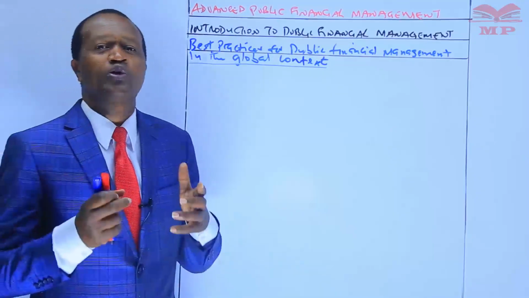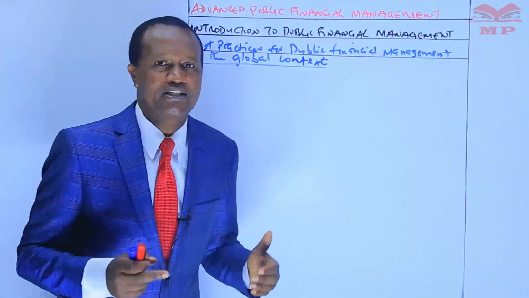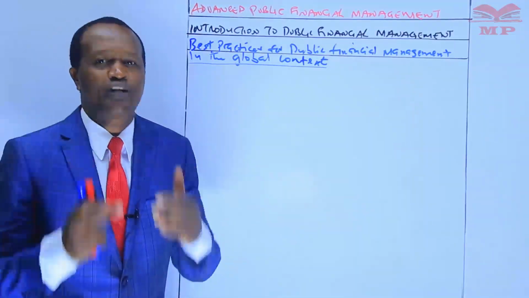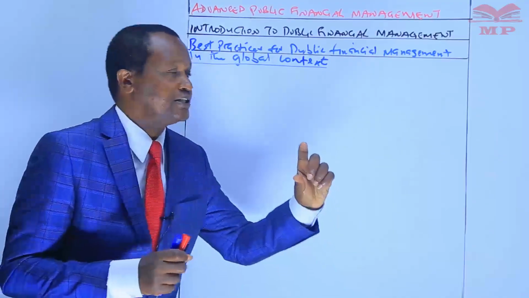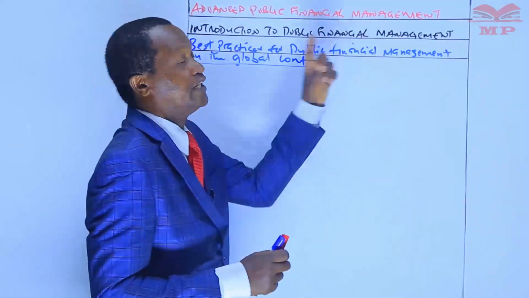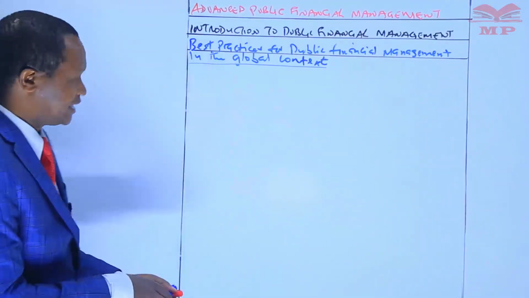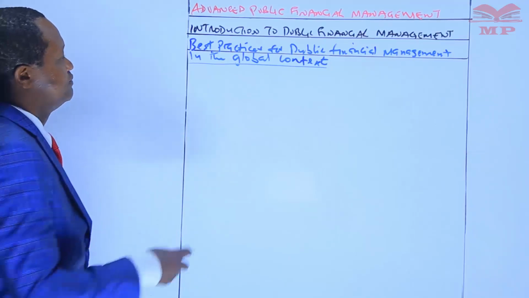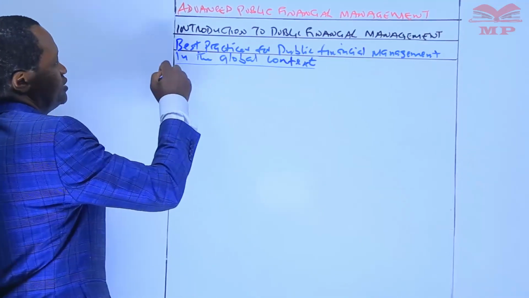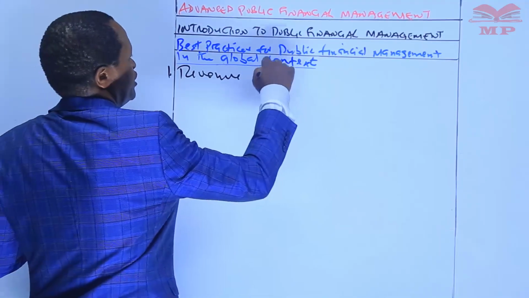Now, candidates, according to the World Bank Public Financial Management Guidelines, the fiscal framework sets out guidelines for best practice in public financial management. And the guidelines include: 1. Revenue collection.